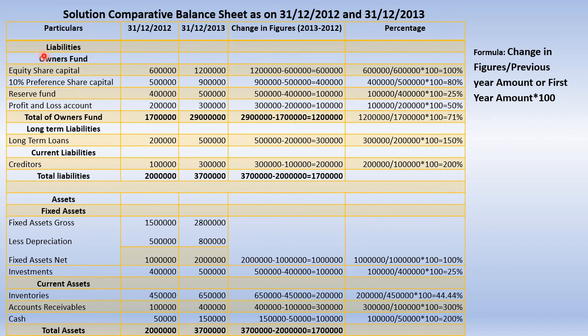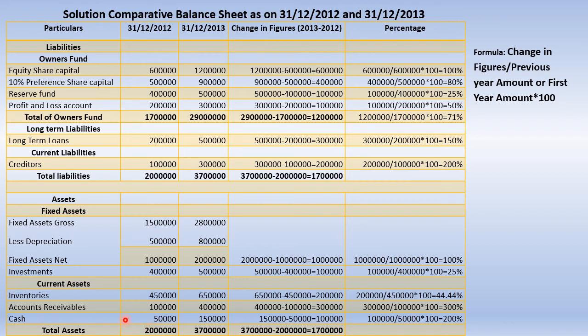So we'll just look into the important points to be remembered in the calculation of comparative balance sheet statement problems. Here, first step, it is bifurcation. You have to bifurcate into owner's funds, long-term liabilities, current liabilities for liabilities, and for assets, fixed assets and current assets.